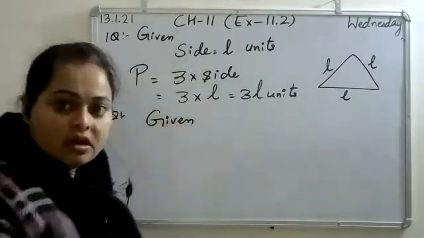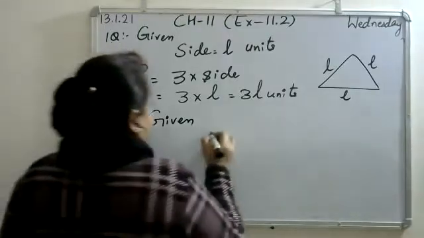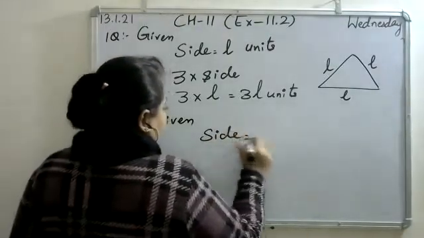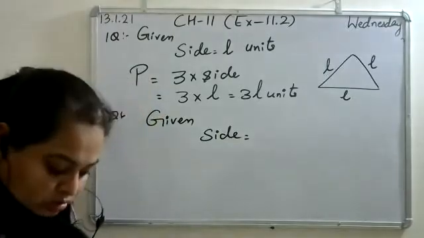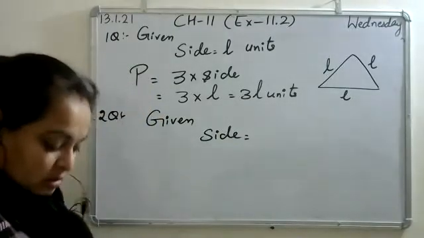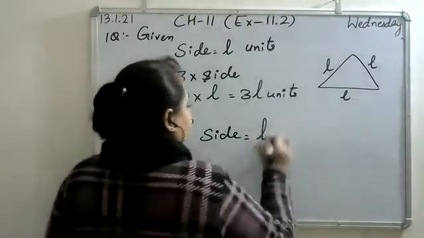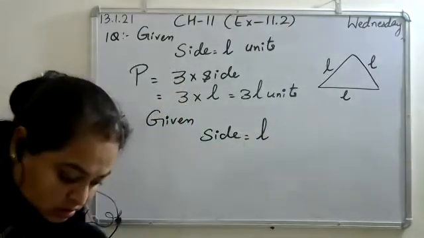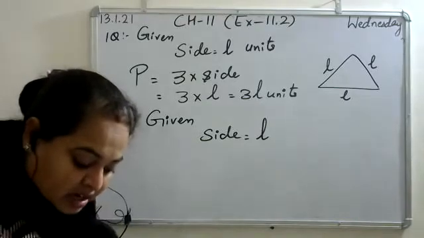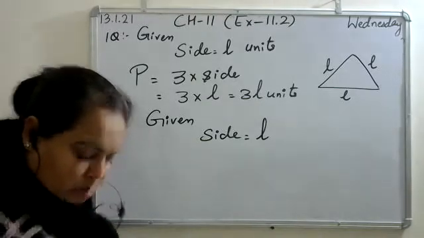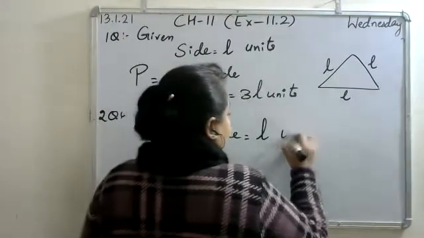What is given? Again side is given to you, L. No centimeter, no meter is written in the book. So you will write here L units.